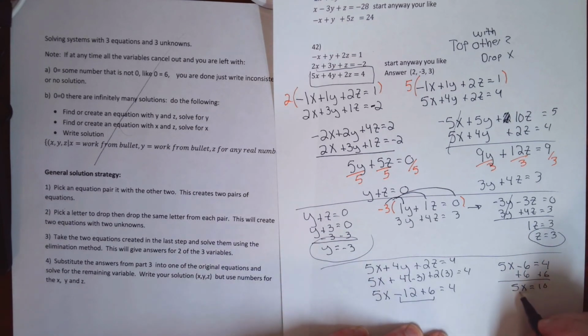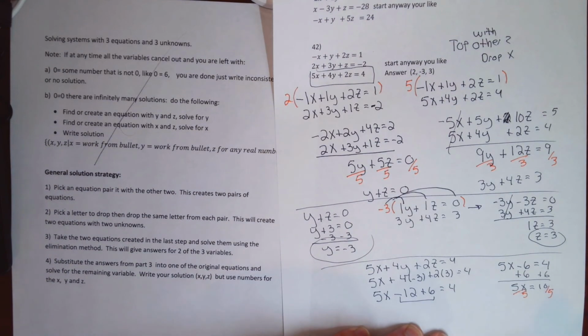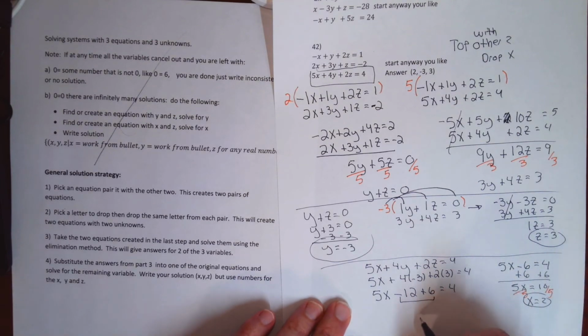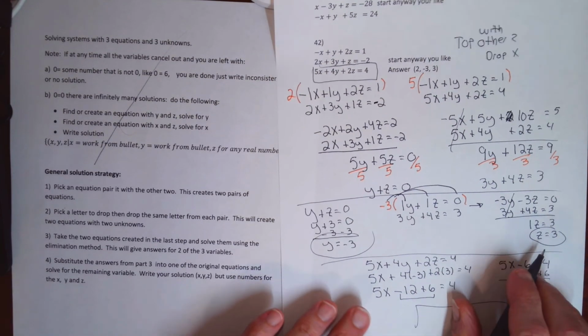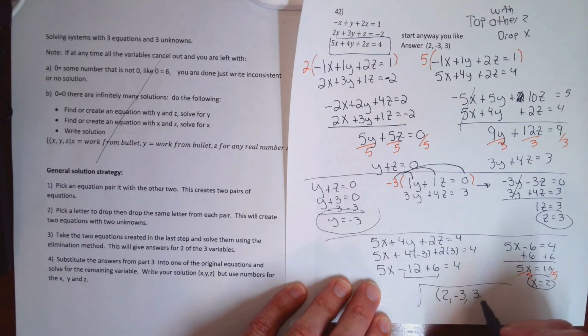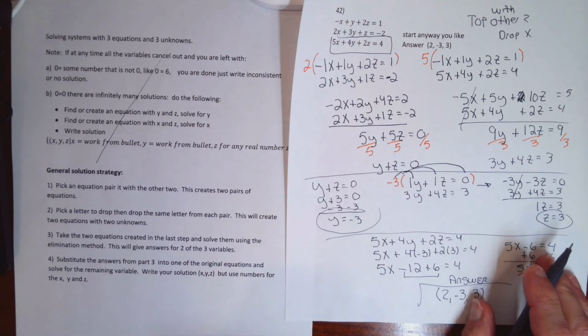And then divide by 5, divide by 5, and get x equal to 2. Now I have all my answers. I'm going to write them in a nice order. Specifically, I'm going to write the x of 2 first, the y of negative 3 second, the z of positive 3 third. I'm going to call that my answer, and I'm going to check on my calculator the best I can.